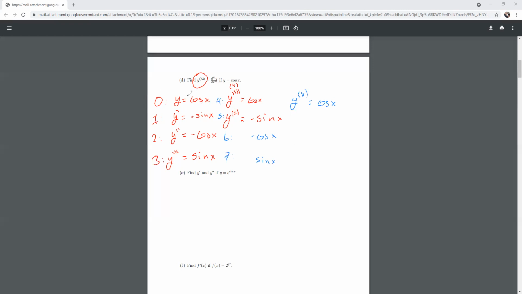Sorry, did I keep saying multiple of 8? I meant multiple of 4. So this one is 1 above a multiple of 4, namely 0. 0 is a multiple of everything, right? And then this one is 1 above 4. 9 is 1 above 8, so forth, etc.